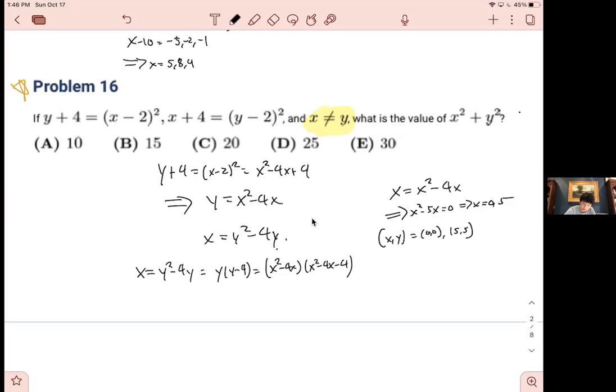And so we're guaranteed, since we know that the solutions x, y equal 0, 0 and 5, 5 both work, that x equals 0 and x equals 5 should be roots of this equation. So firstly, we can get rid of x equals 0.